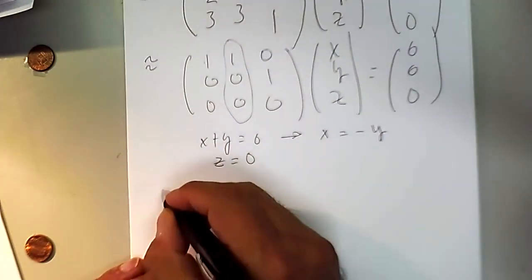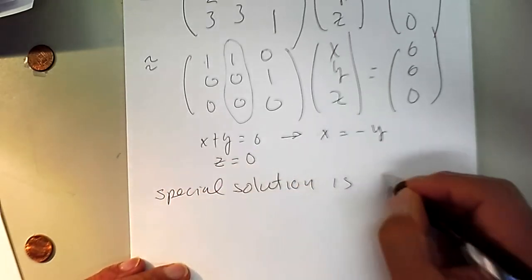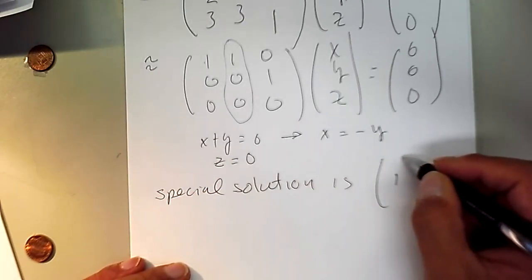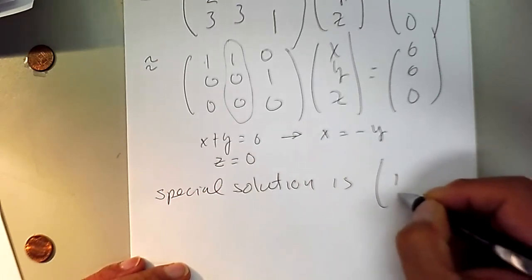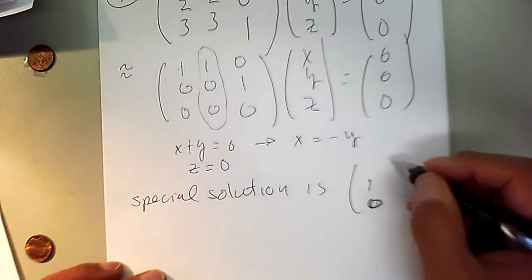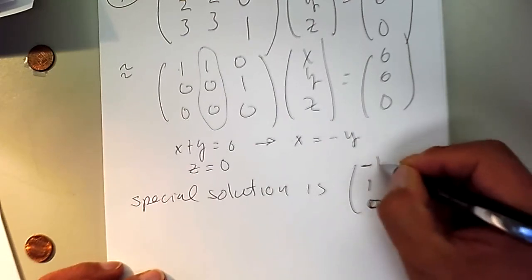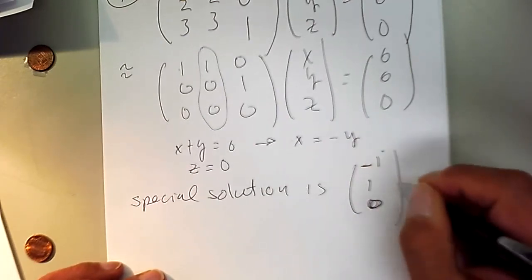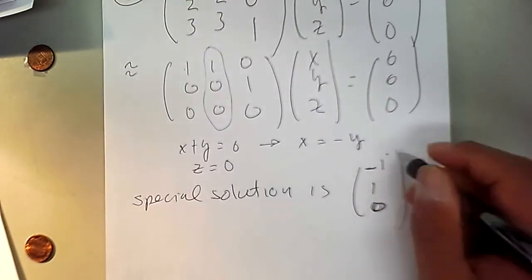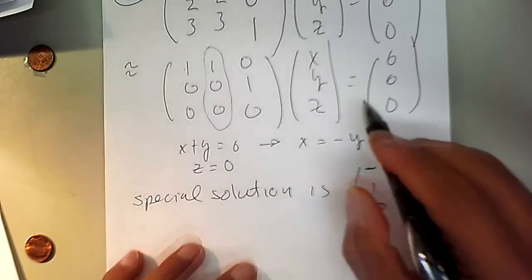So one special solution is 1 for y, because that is the free variable. z is not a free variable because z has to be 0. That's a little confusing. And x has to follow whatever this equation says. So this is a special solution, and all the solutions have to be a multiple of this guy. They cannot be anything else but that one, the solution to this original equation.